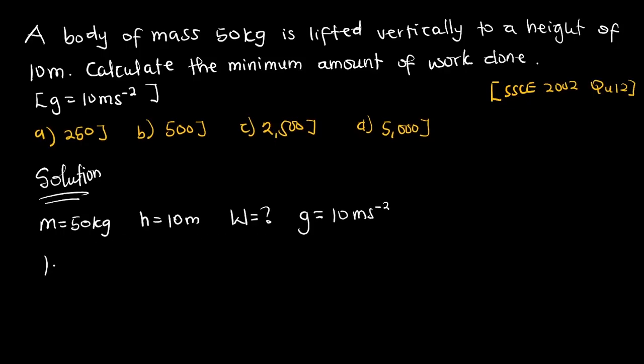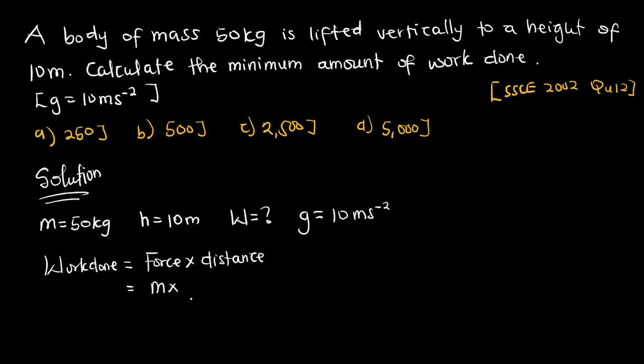All right, so now, work done is equal to the product of force times distance, the distance traveled by the object. Force is mass times acceleration.